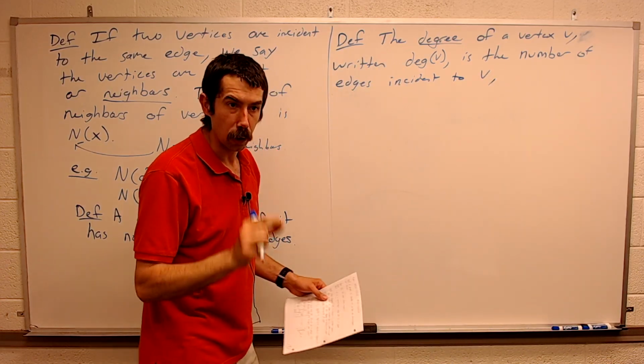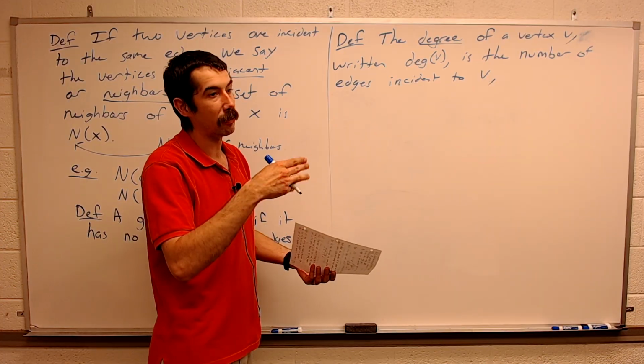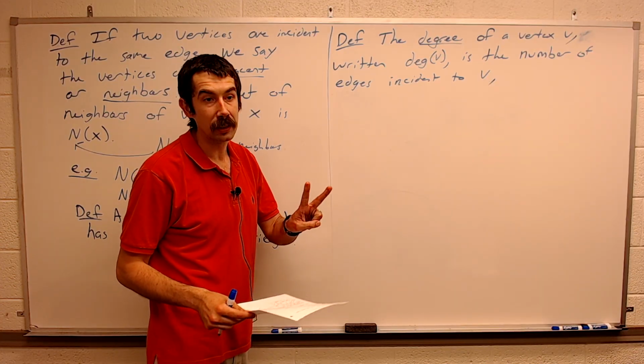With one exception, loops. So if we're in the case where we're not a simple graph and we have loops, loops are going to be counted twice.